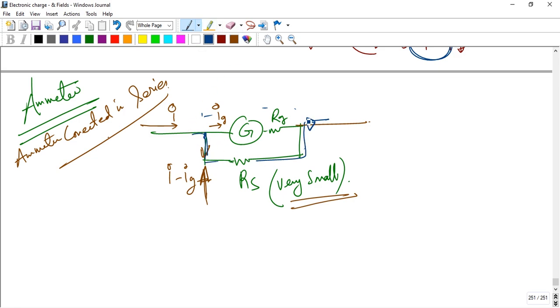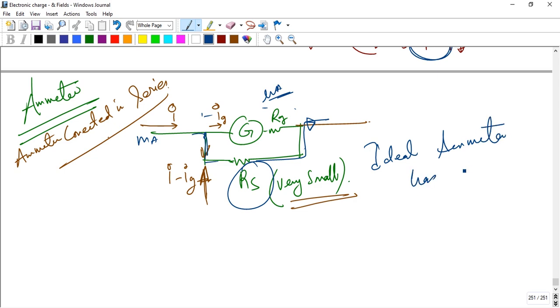The main circuit current does not vary, it changes only slightly. If it is in the milliampere order, the drop is in the microampere order. That is very small, approximately 0. In the case of an ideal ammeter, it has zero resistance.